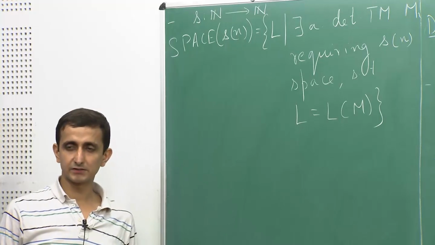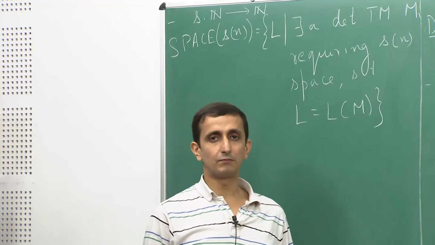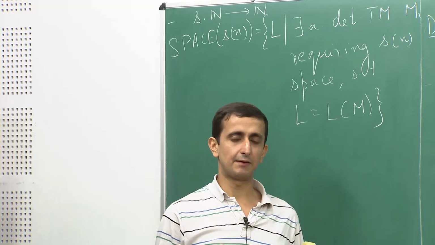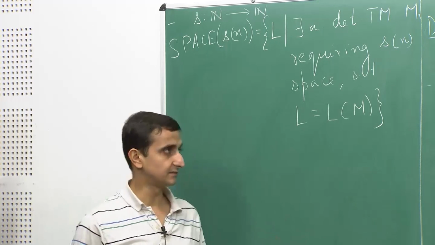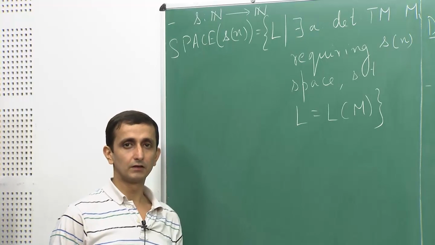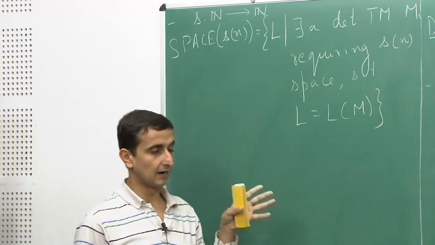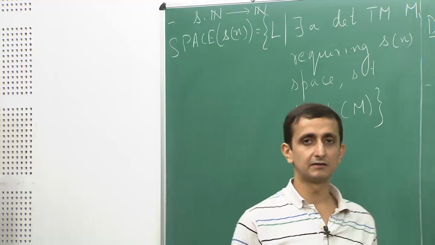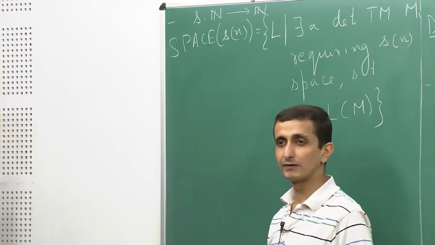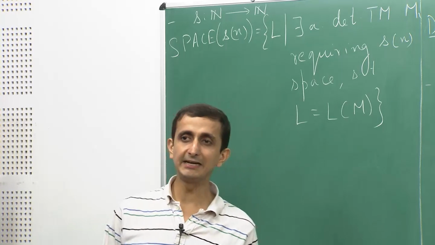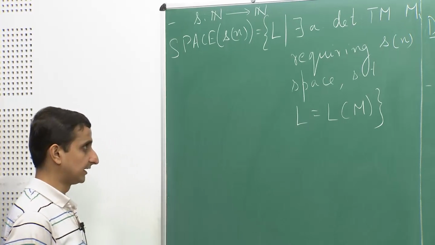So, all those languages for which there is a Turing machine that uses at most order s of n number of cells, or that runs in space s of n. So, this is how we define the class TIME T of n and the class SPACE s of n. Okay. So, in some texts you will also find them defined as DTIME and DSPACE, but essentially they are the same.